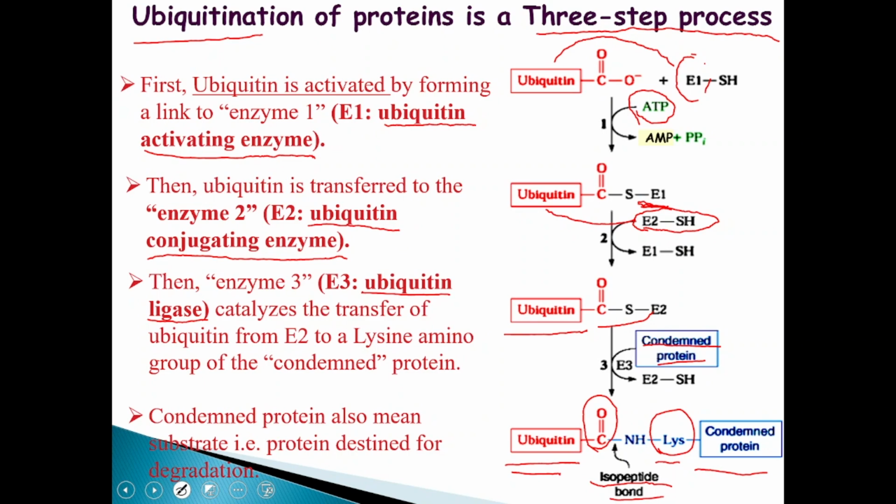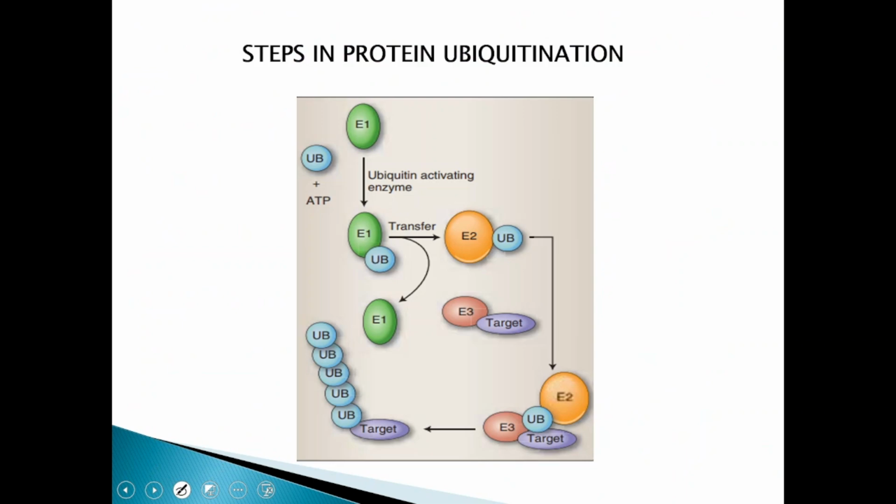Let me go through it once more on the next slide. As I mentioned, ubiquitination is a three-step process. In the first step, the very first enzyme is E1, the ubiquitin activating enzyme. This enzyme uses ATP and gets attached to ubiquitin, as you can see here. Now, in the second step, ubiquitin from E1 gets transferred to E2. The enzyme involved here is the ubiquitin conjugating enzyme.